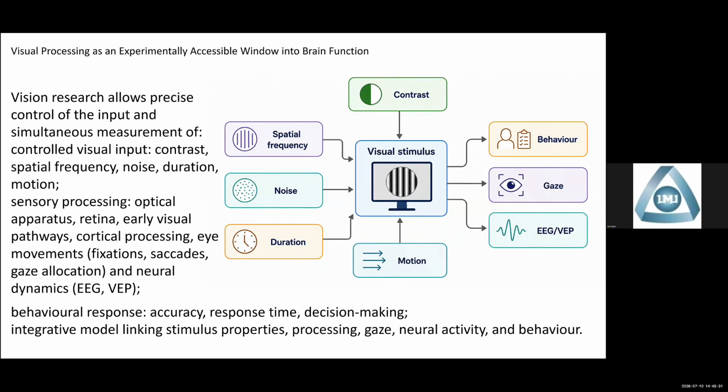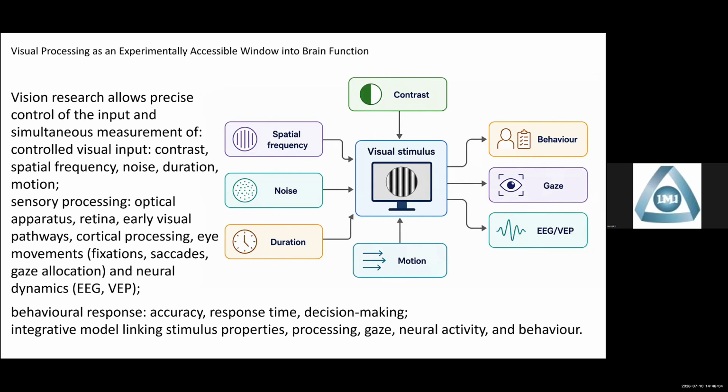We can decide if the stimulus will move or not, and we can trace not only the final behavioral response of the participants, but also we can record their gaze position, which practically reshapes the input information.